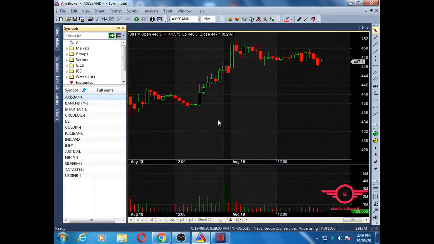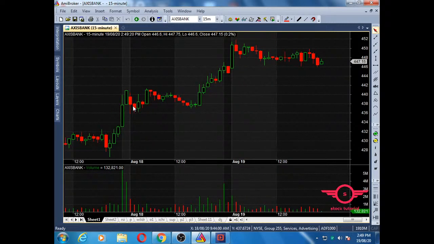Axis Bank. Okay, here the first 15 minute candle, there is a tendency that actually, consider the move from yesterday. Here is a play of a long candle with good volume.